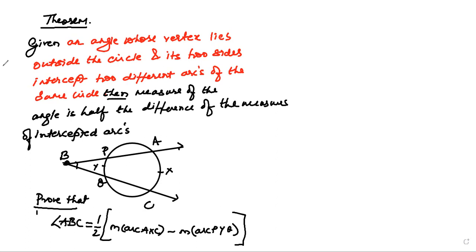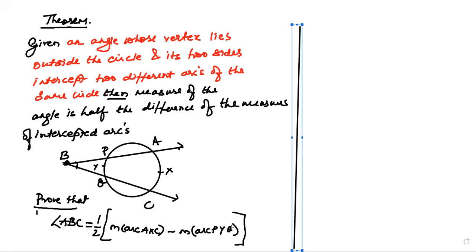So simple this is, children. Just try to understand. If you put the things in place, suppose the last line of this proof should be angle ABC equals half measure of AXC minus measure of PYQ. That means the second last line must have been angle ABC equals half measure of AXC minus half measure of PYQ, so half has come out common.